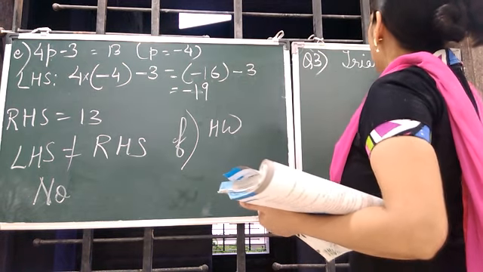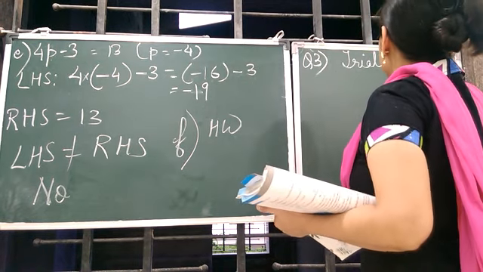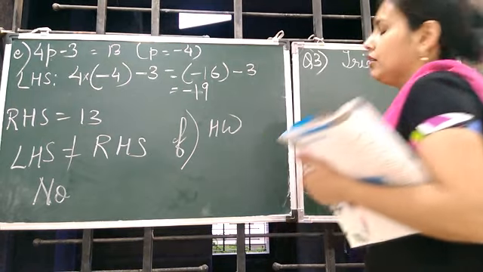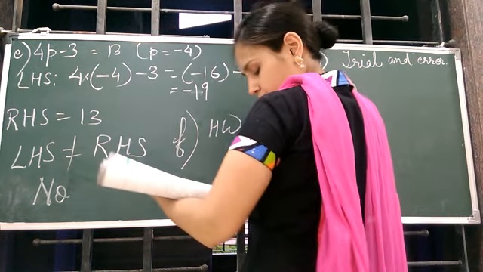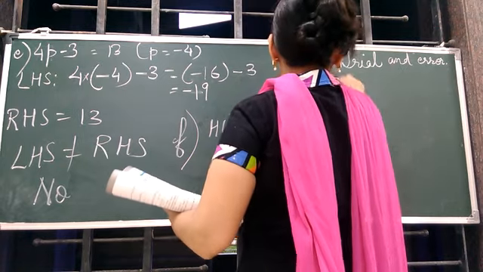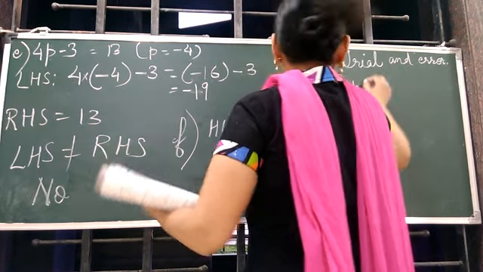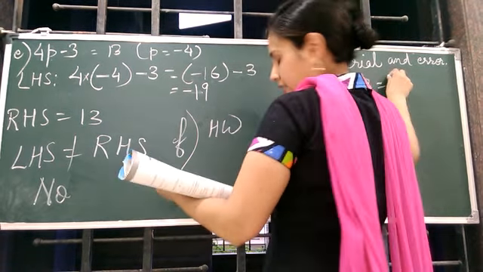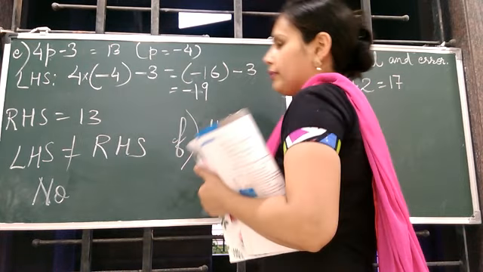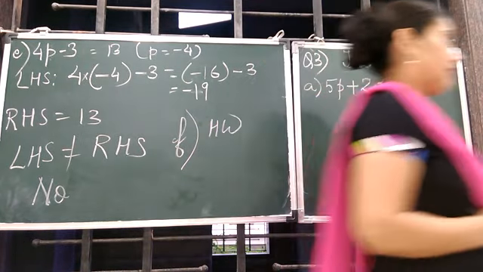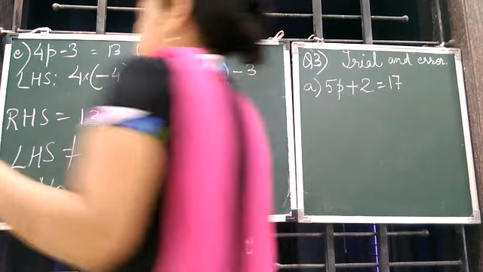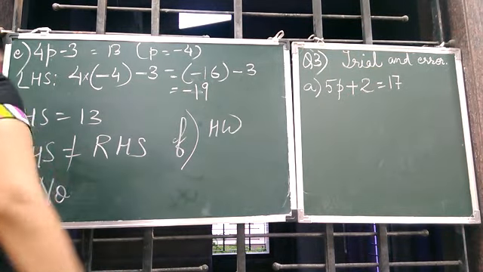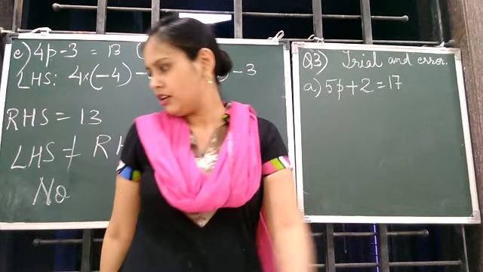Okay, so let me write the question, then let me explain to you what is trial and error method. This will not come in your exam, children, trial and error method, because this is not so important a method, though in fact it's a lengthy method. Okay, I will say that it's a lengthy method.